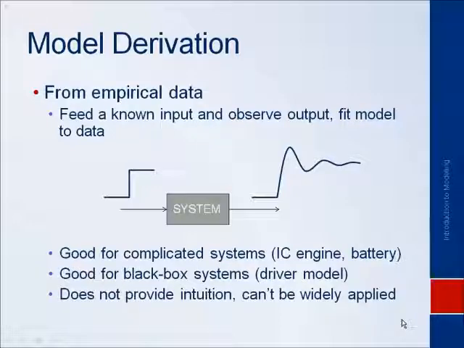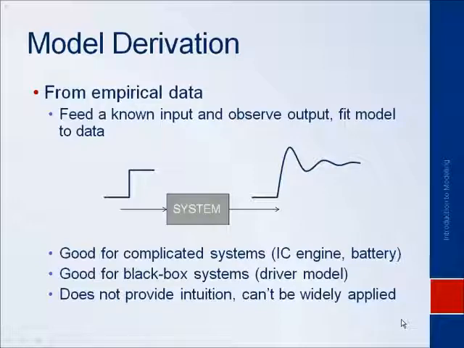A drawback of this sort of approach is that it doesn't provide a lot of intuition. So you have a mathematical model with various parameters in it, a number 5, for example, but you don't necessarily know what that number 5 represents. You don't know if it's a resistance, you don't know if it's a friction, or whatever. And sometimes these empirically derived models can't be widely applied.